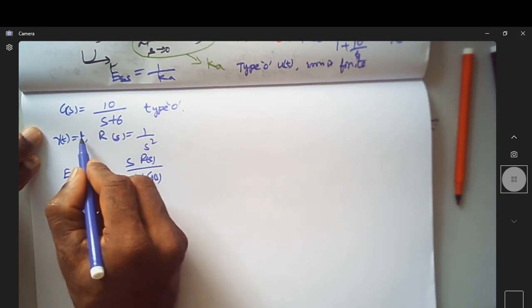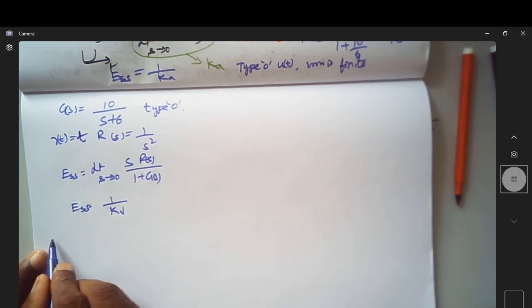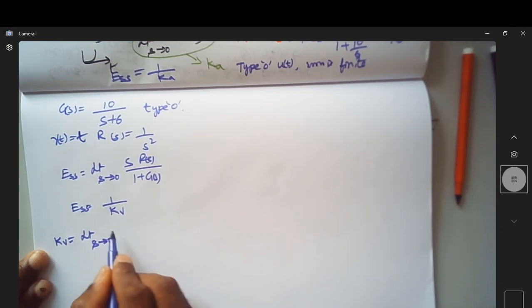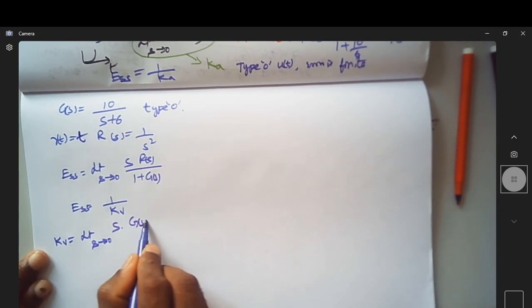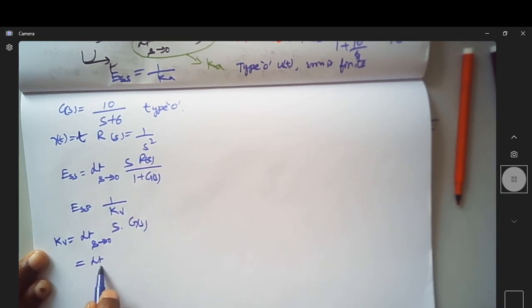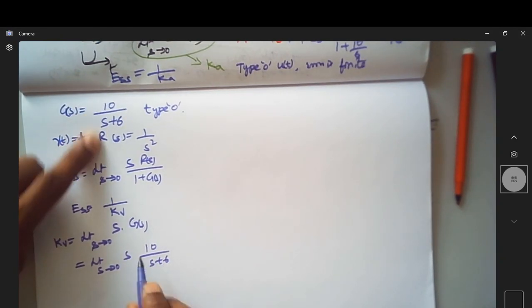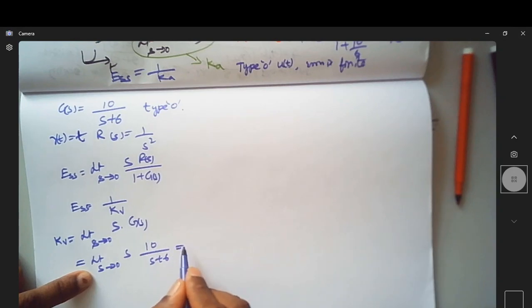Yeah, this is t. But what is kV? It is actually limit of s tending to 0, s into GFS. So let me apply that for this example. s into what is GFS? It is 10 by s plus 6. So when you apply that limit, this becomes 0, because 0 by anything is 0.